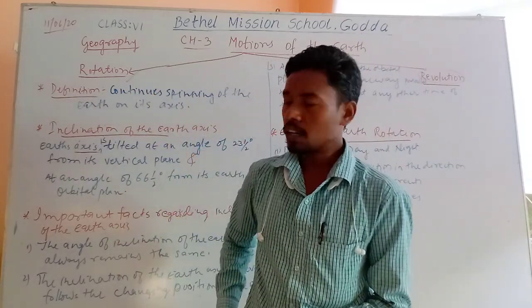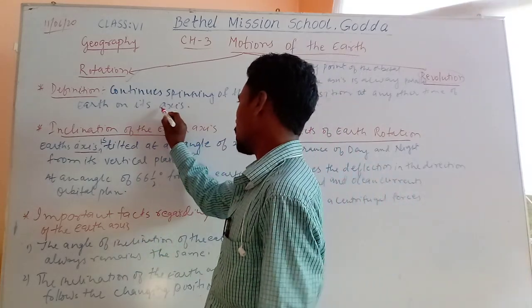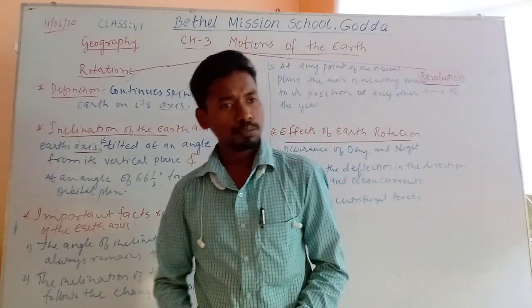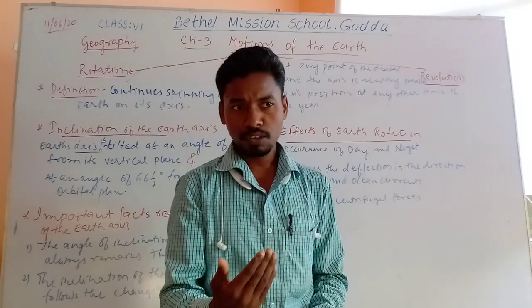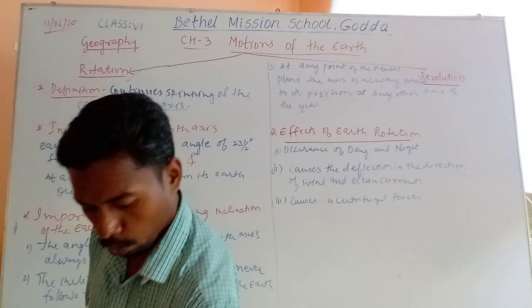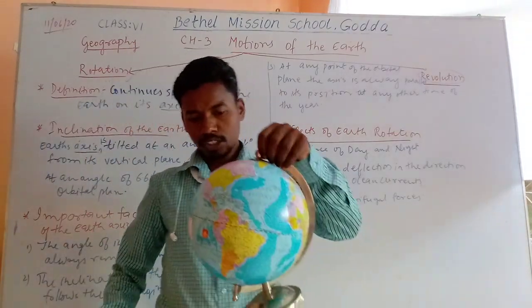When we go through this definition, we need to understand what an axis is. Whenever any object rotates, every body has a center line. For instance, I have a globe. You can see this globe, I hope.